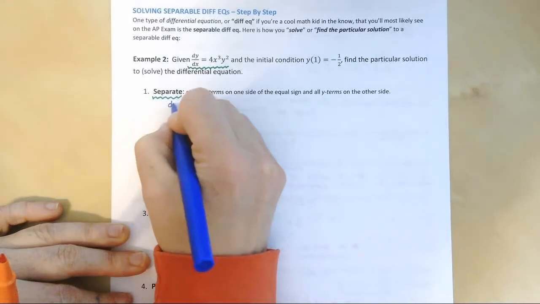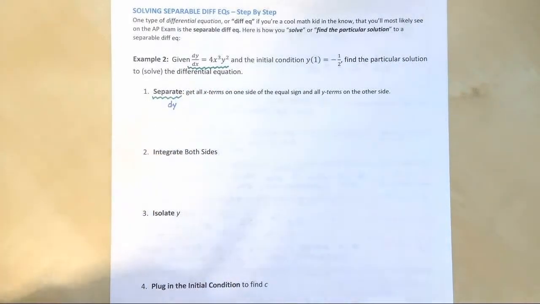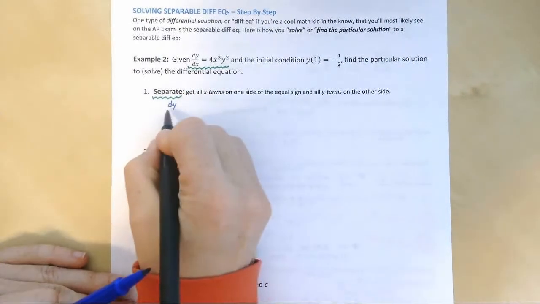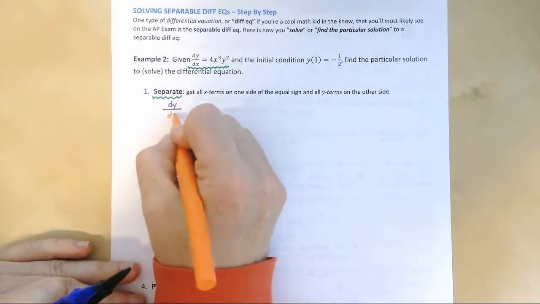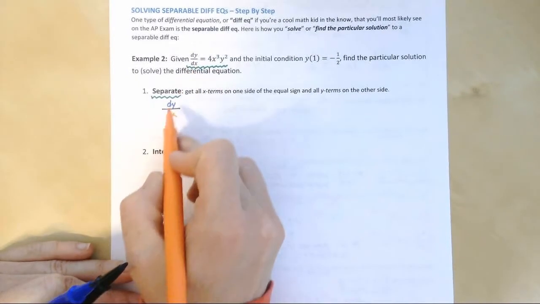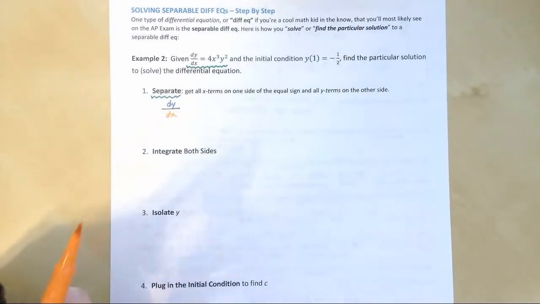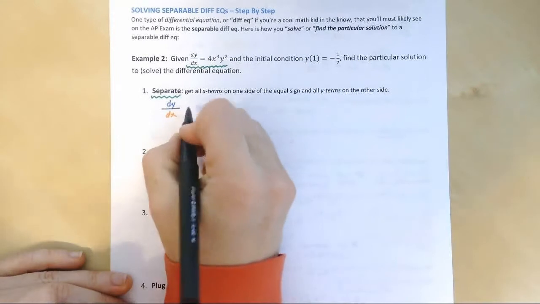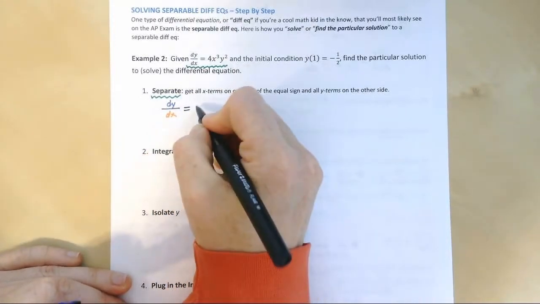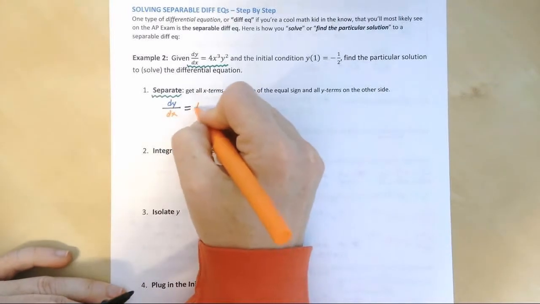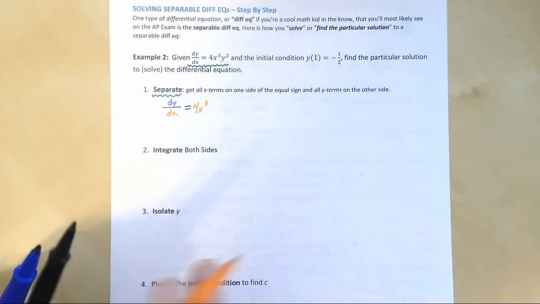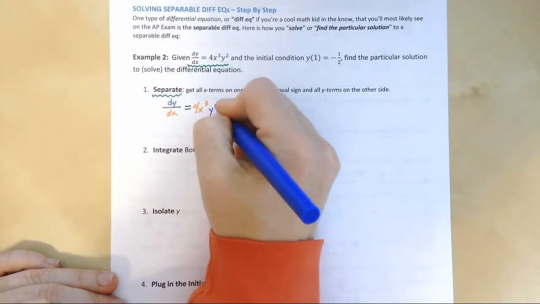So I'm going to rewrite the equation: dy dx equals 4x cubed, I'm going to put the 4 with the x, so 4x cubed, and then y squared.